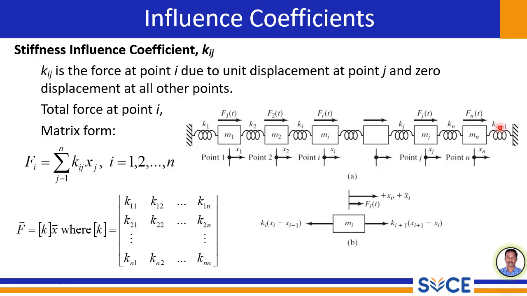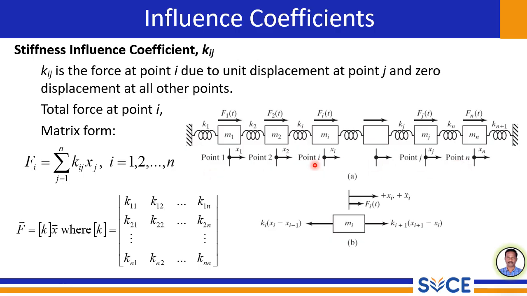Consider this multi-degree of freedom system. If we have displacements at various points, say x1, x2 up to xn, then the total force at any point i, denoted as f_i, will be the sum of forces caused by each of these displacements.